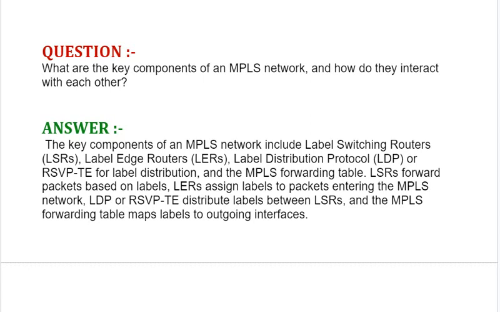LSRs forward packets based on labels. LERs assign labels to packets entering the MPLS network. LDP or RSVP-TE distribute labels between LSRs, and the MPLS forwarding table maps labels to outgoing interfaces.